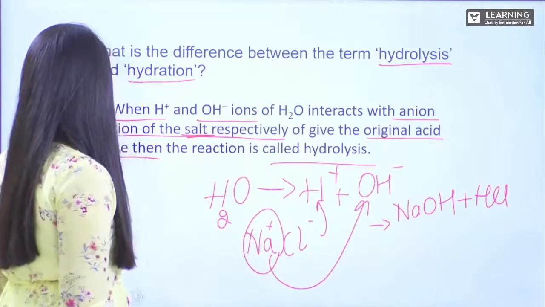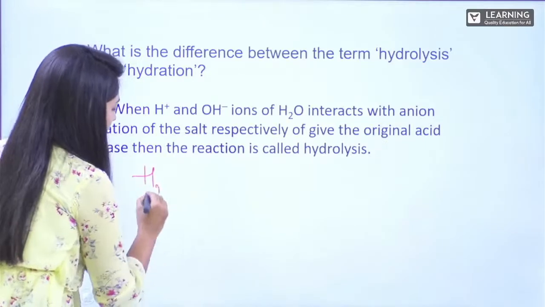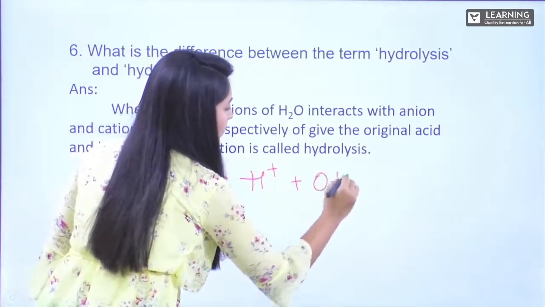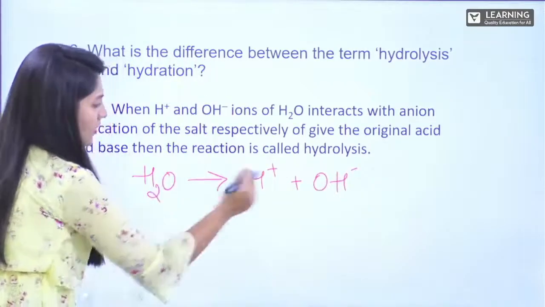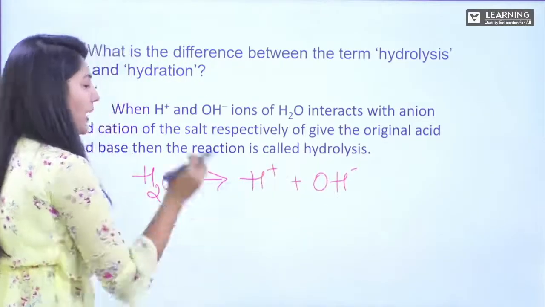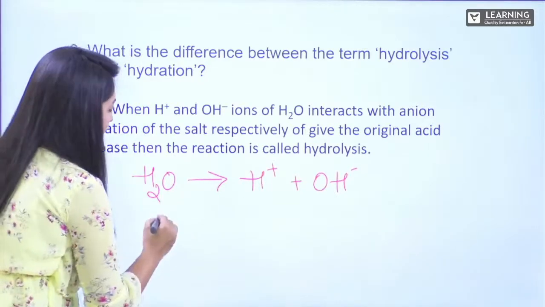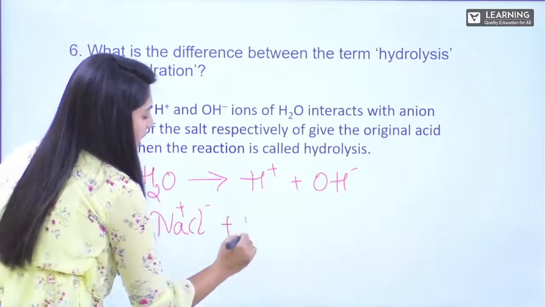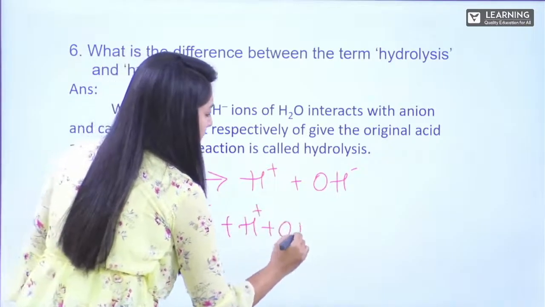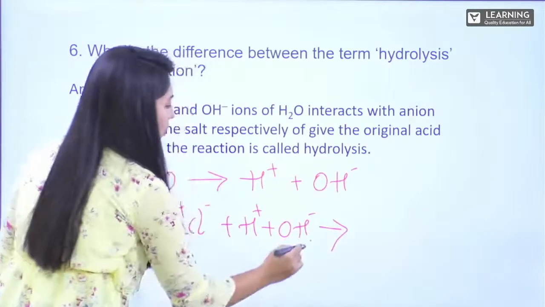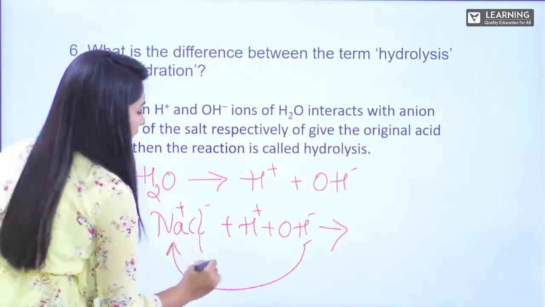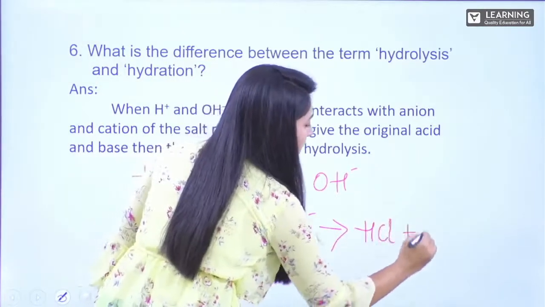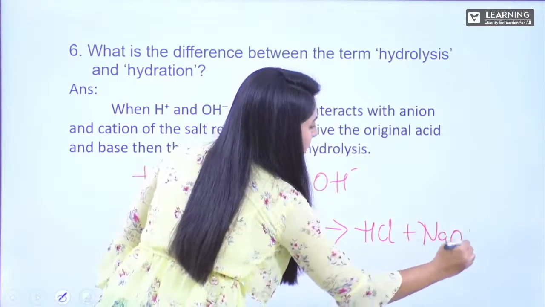I'll just rewrite this. The water molecule will split into H plus and OH minus ions, and when added with the salt, Na plus and Cl minus, the OH reacts with Na and H plus with Cl, and we get HCl plus NaOH.